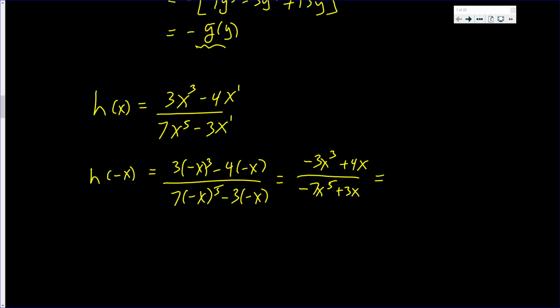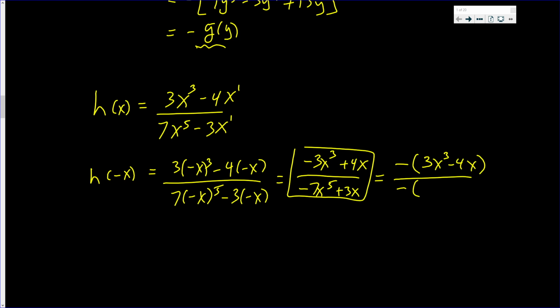Now, what we have here, it doesn't look like h of x, it doesn't look like negative h of x, but if I factor out a minus from the numerator, I'll have 3x cubed minus 4x after the minus sign. And if I factor out a minus sign in the bottom, I'll have 7x to the 5th minus 3x.